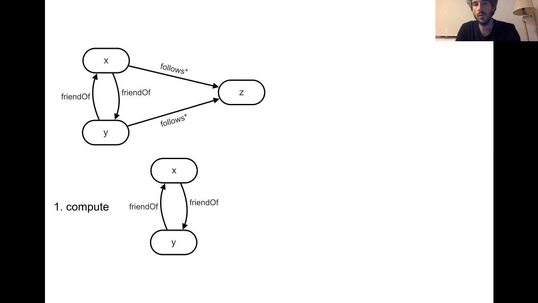One possible way is that you start local. So you basically compute all nodes that are friends of each other.